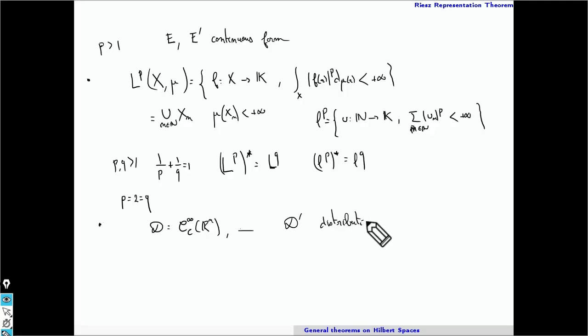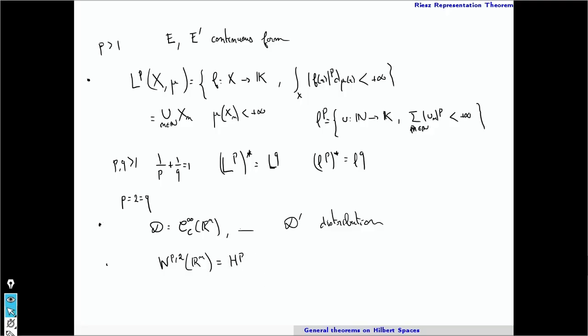You see that a distribution does not come from a smooth function, but you can have special cases of spaces of distributions which are dual to each other, namely the so-called Sobolev spaces, which are Hilbert spaces, denoted H^s.